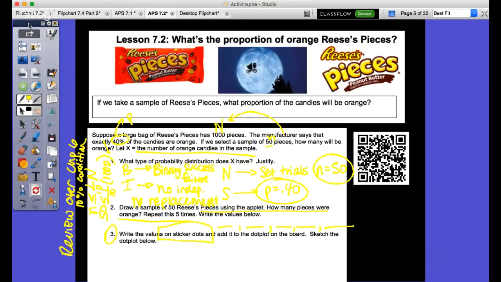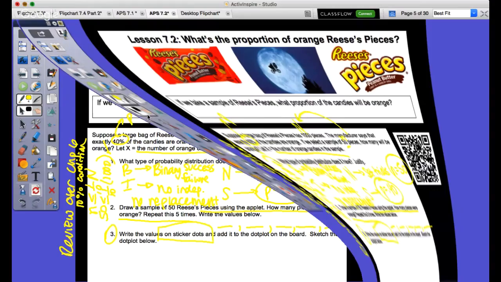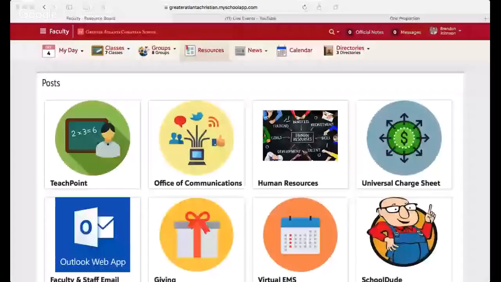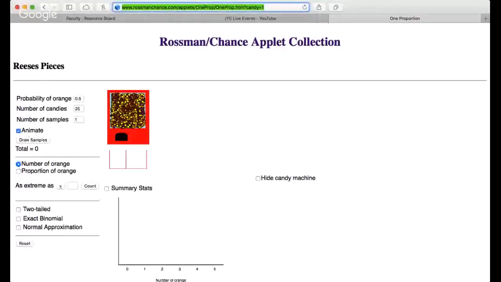But just so that you're aware of what this would look like, I'm going to do this. If for some reason you're not able to get the QR code, this is the link up on top, so you could copy that there.